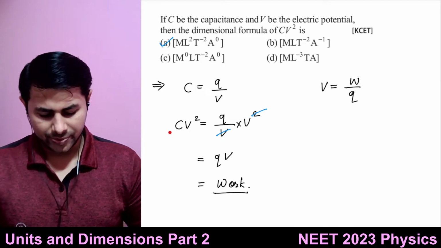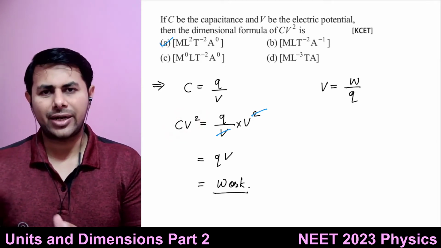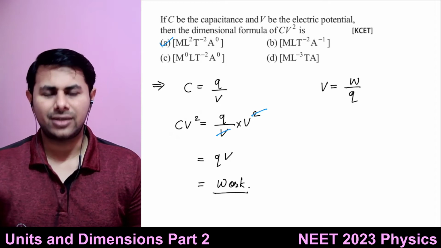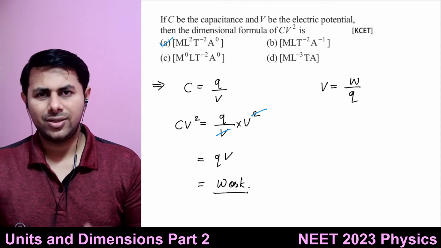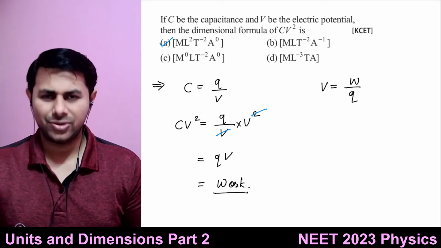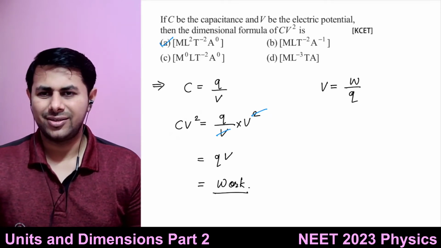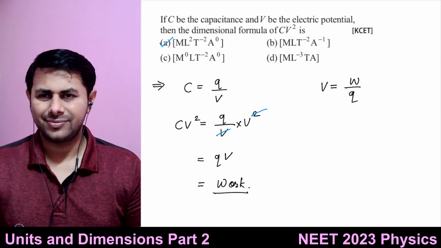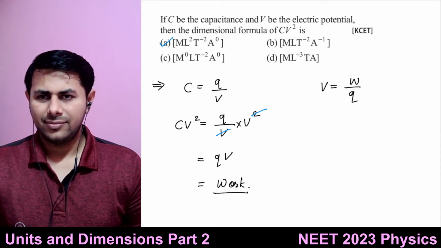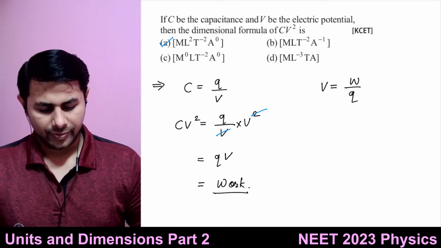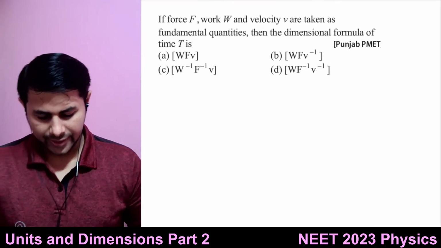So the dimensions of CV square are equal to the dimensions of energy, that is, the dimensions of work. If you know the formula, you have the direct answer and you save at least 1 minute. Any questions, Sonali? No, sir. Okay, let's see the next question.